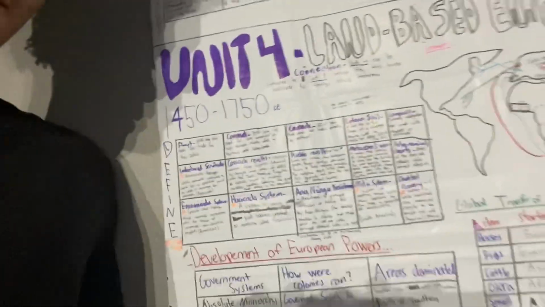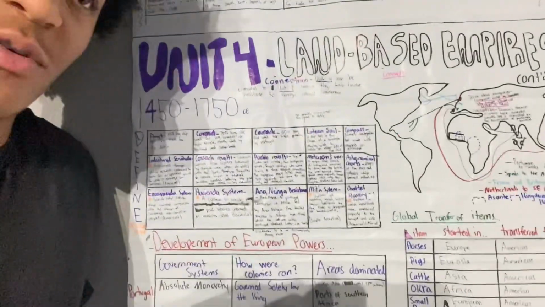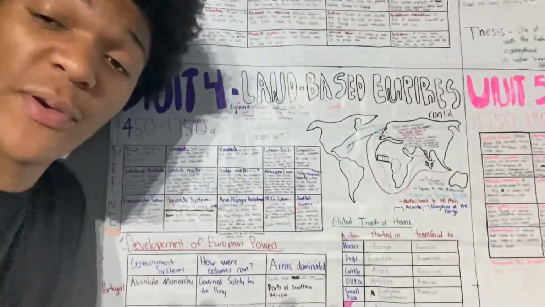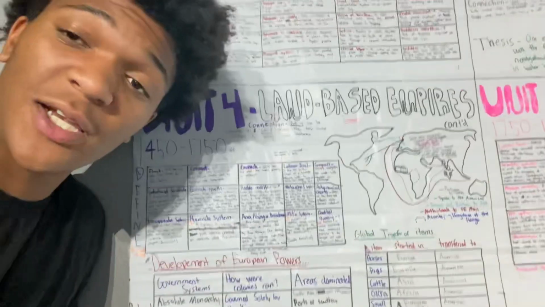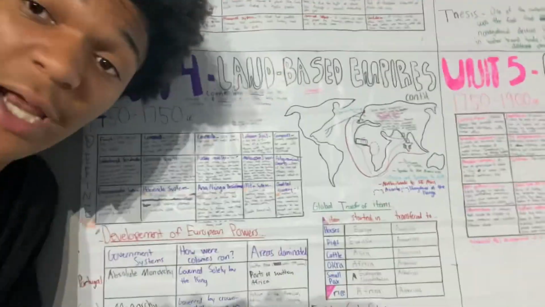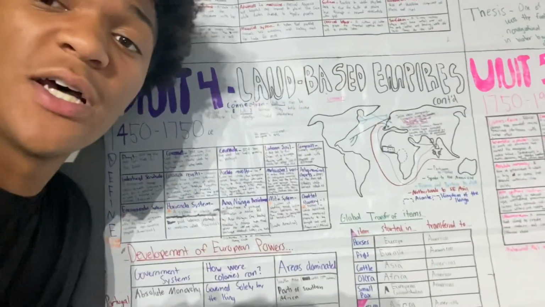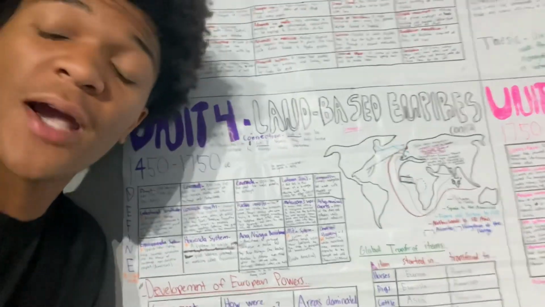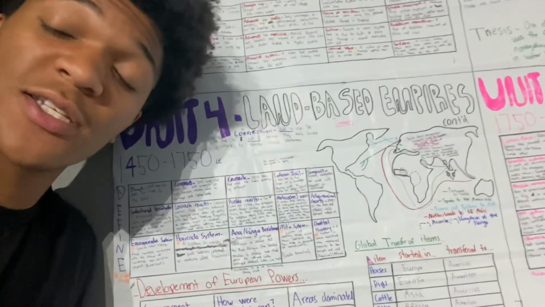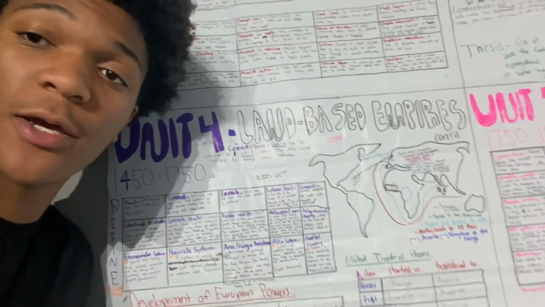And here in Unit 4, we have empires and states wanting to expand largely through imperial conquest and forming colonies in multiple continents throughout the world, such as Portugal. They had colonies in a lot of places like Africa, Southern Africa, and all the way in Oceania.